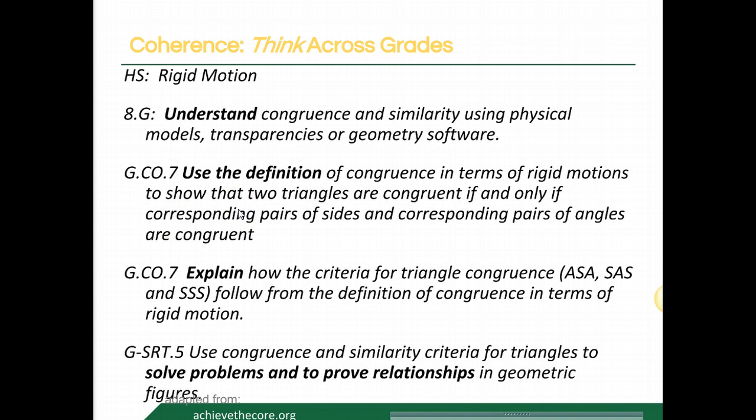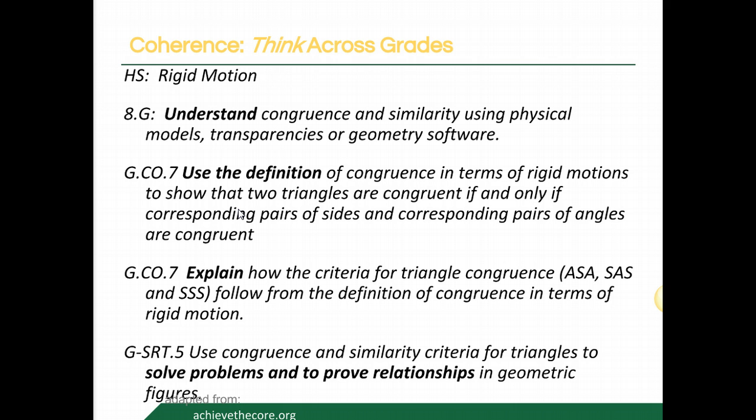Here's a high school example. We begin to talk about rigid motion, those transformations, in 8th grade, where students play with them. They work on physical models, moving and understanding congruence and similarity. And then in high school, they really start to use transformations, rigid motion, to prove congruence about shapes.